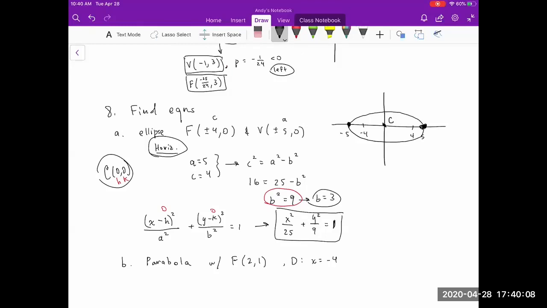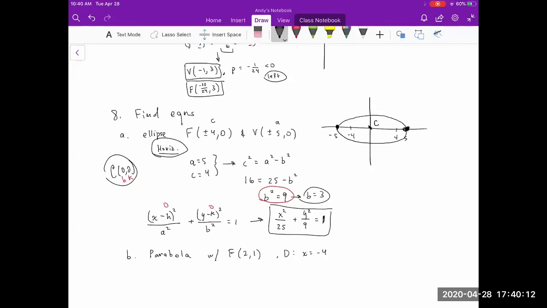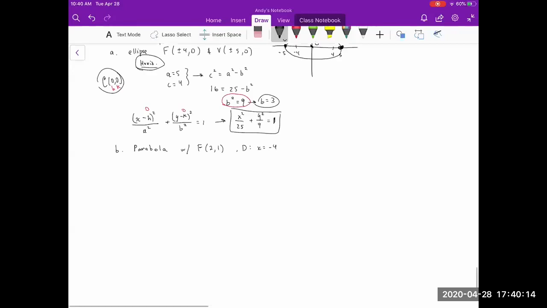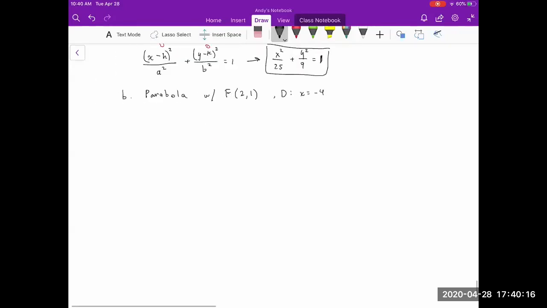So let's see if we can graph this. Let's go to x equals -4 because that's what's standing out to me right now. So x equals -4 is this vertical line here.